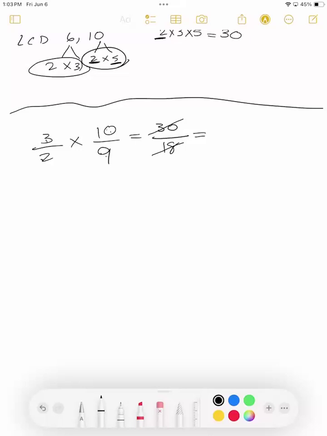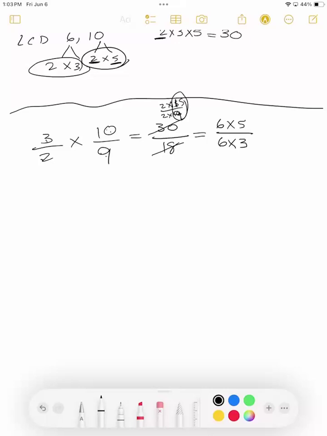30 is divisible by 6, 18 is divisible by 6. So how about if I write 30 as 6 times 5 and write 18 as 6 times 3? This is the fastest way to reduce. They're both divisible by 2. You could have written it as 2 and 15, 2 and 9, but then you had to reduce 15 and 9 again.